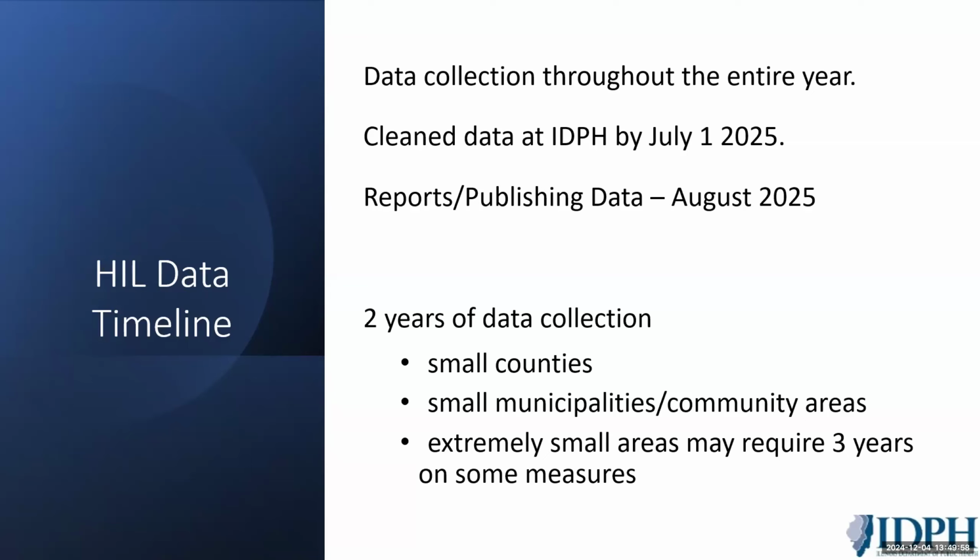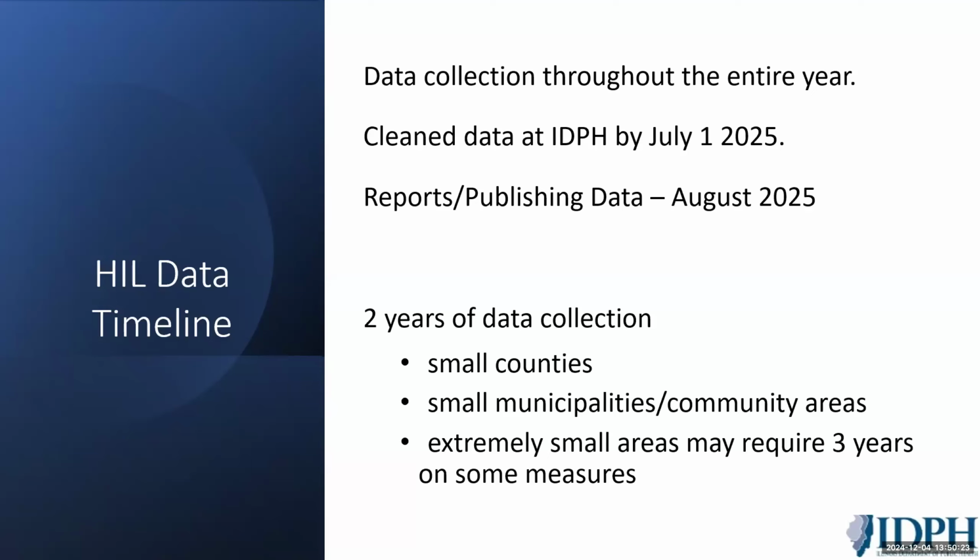So some measures will be able to be done annually. Other health measures will require 2 years to be able to measure at a county level. It's still a vast improvement over our 4 or 5 year data collection. And this not only is the small counties, but we're finding that it applies to some of the smaller Chicago area community areas and Cook municipalities as well.